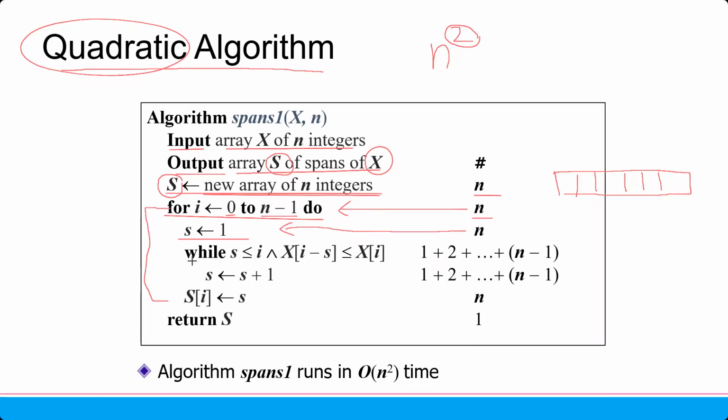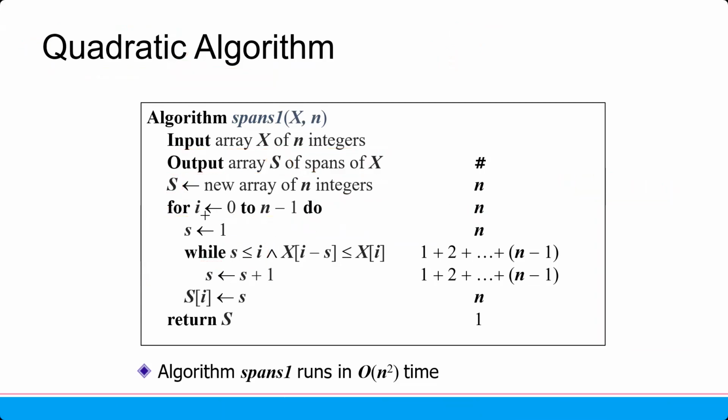And then we have the while loop: s less than or equal to i. So i starts from 0 and s starts from 1. If s is less than i, so 1 is less than the index, and this is the AND operator, so if this one is true and this one is true, then we will do something.